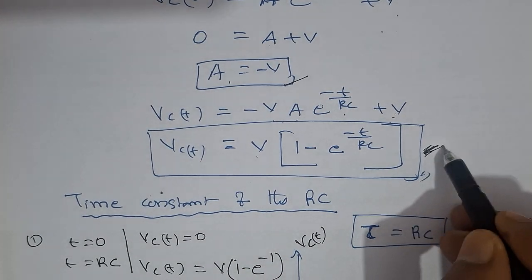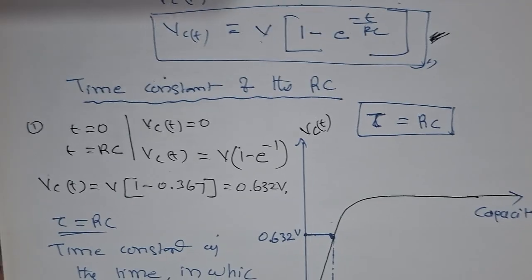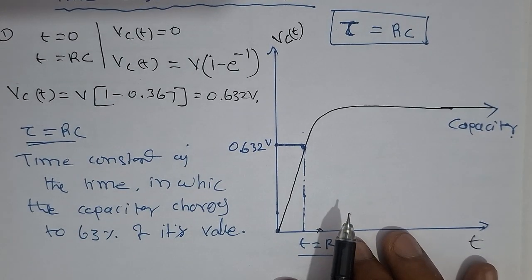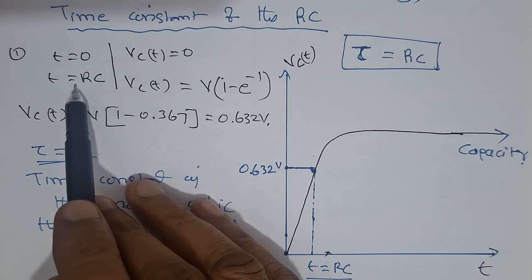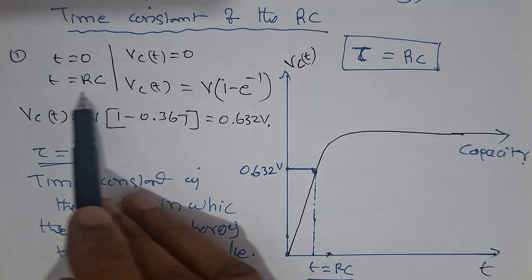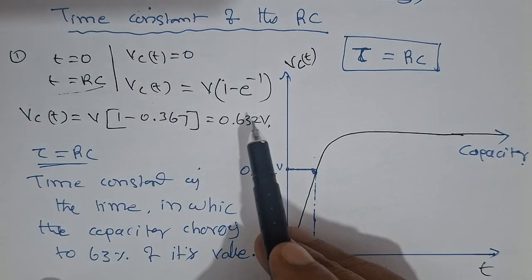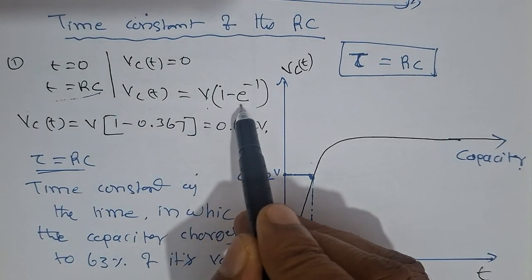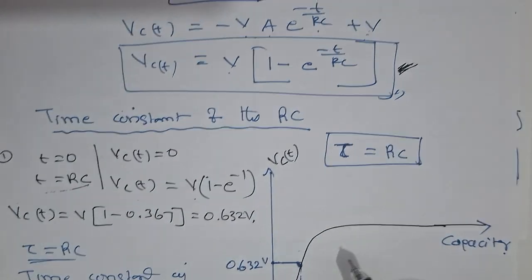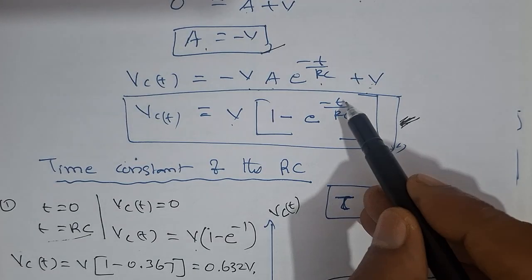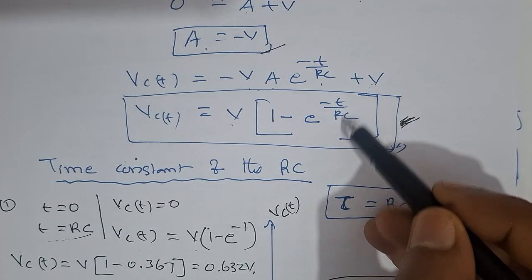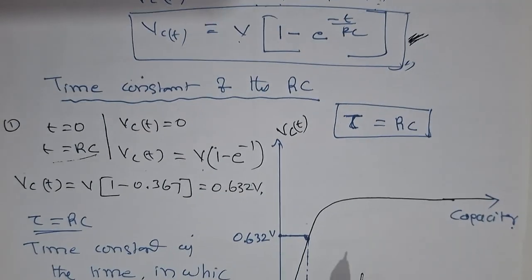Using this equation, if you draw the graph for the capacitor, this will be the graph. At t equal to 0, Vc(t) is equal to 0, and at t equal to RC, Vc(t) is equal to V into 1 minus e power minus 1. How do we get this? At t equal to RC, RC by RC gets cancelled, leaving minus 1.